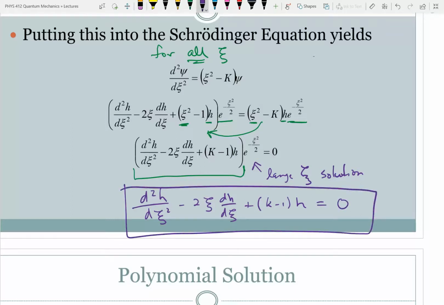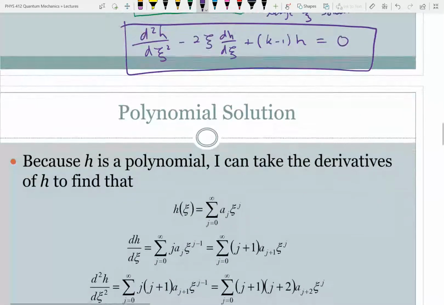So that condition is going to have to be true for our entire range. So we've gone from the Schrodinger equation, a second derivative equation, to what looks like a more complicated equation. And then we're going to use our polynomial function h. So let's take some derivatives.